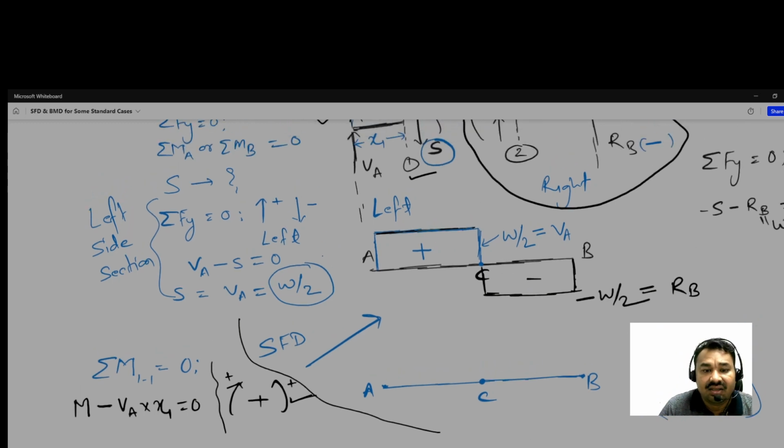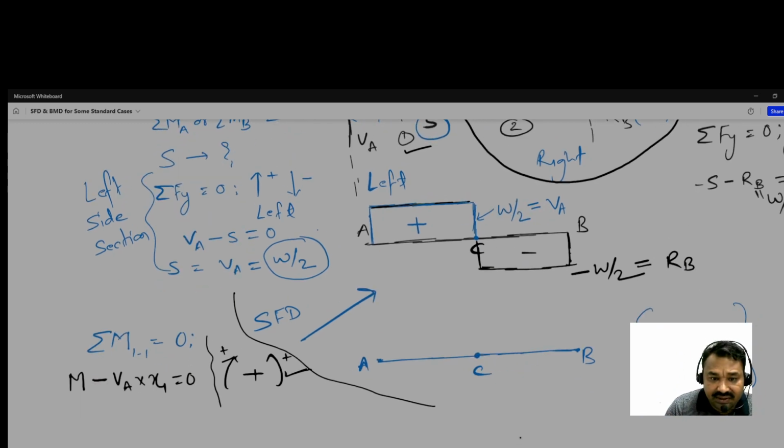Because suppose this is acting in clockwise, so obviously to balance this, the left side will be acting clockwise. It is anti-clockwise and it is clockwise. So based on this concept we can do.